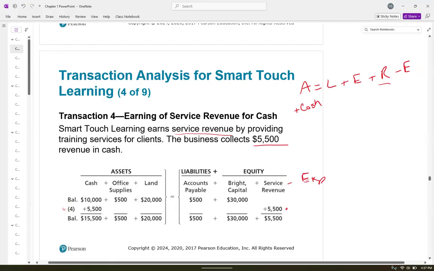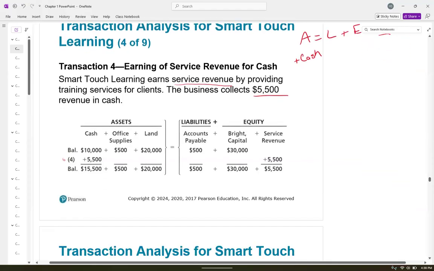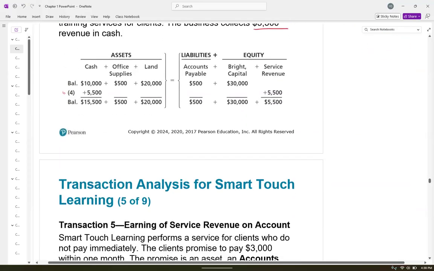That's going to be underneath that umbrella of equity, but revenues and expenses have their own financial statement. So just because they're underneath that umbrella does not mean it's an equity account. So they've added service revenue here. The equation still balances. So let's move on. If the water's getting muddy, just please hang on with me.